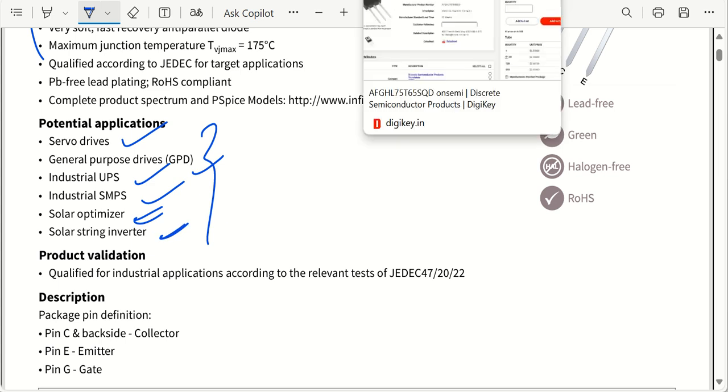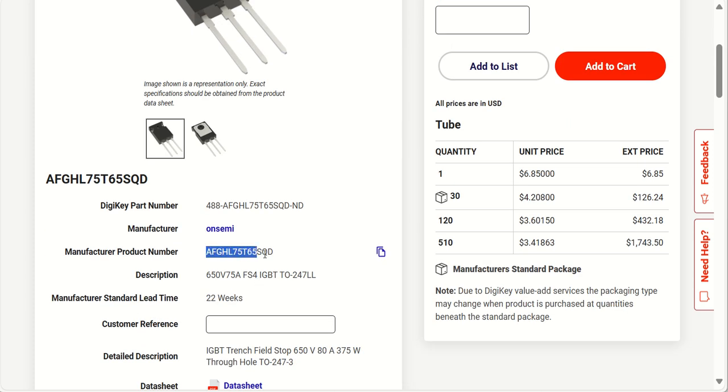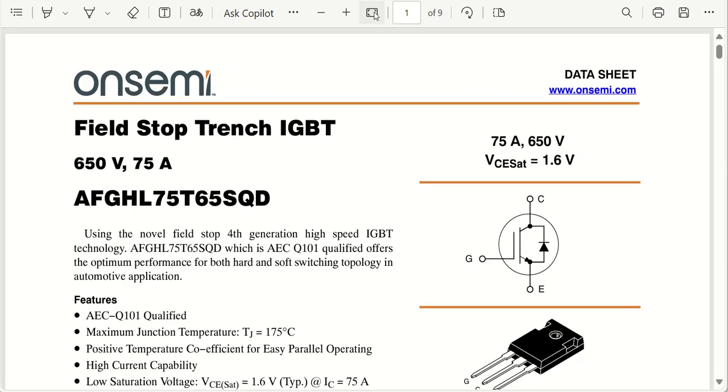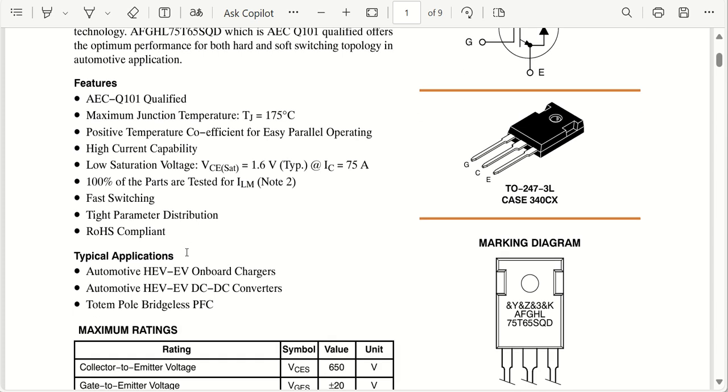Similar to that, one very good company is there, that is onsemi. So onsemi, if you want, you can have this part as well. So this part is going to give you around 75 amperes of current rating with 650 volt voltage level. And similar to that, if you come to here, this is the part number for onsemi that I was just now discussing. And you can have features, and similar to that we have applications.